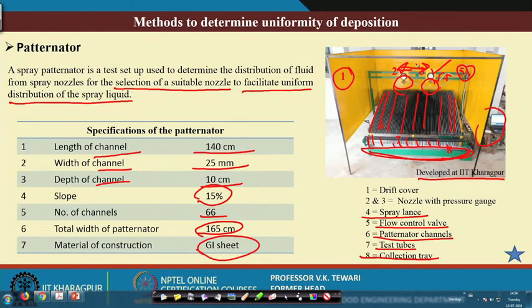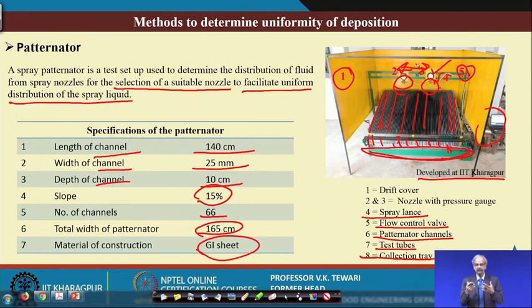So, by this particular device, you can actually understand what the pattern will be, what the size of the droplets will be, what pressure should be there, which type of nozzle is better, what spacing and spray angle I should maintain, and all details, and how much the total swath will be, or what the optimum number of nozzles in a particular swath area should be when you are designing with this.